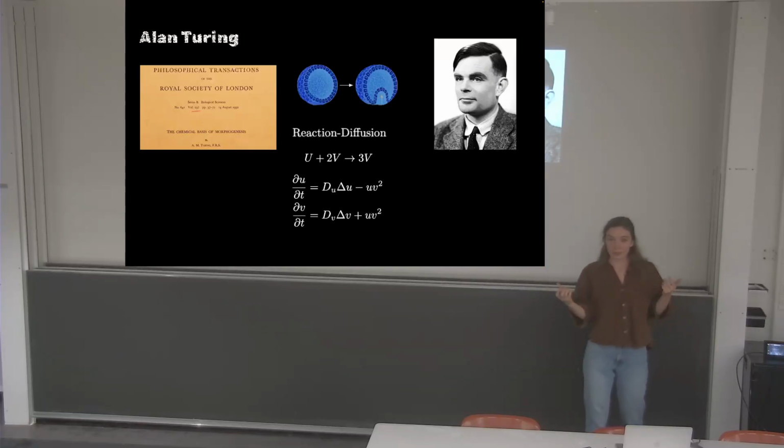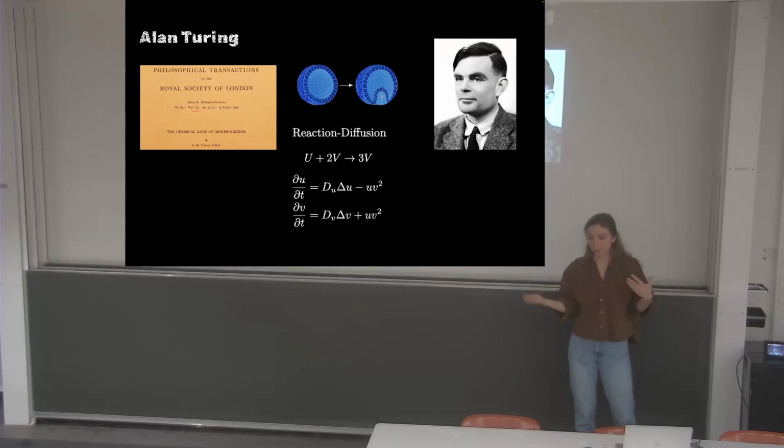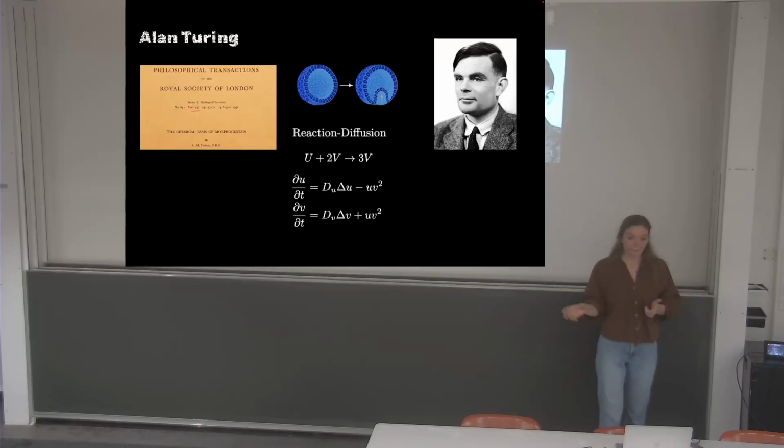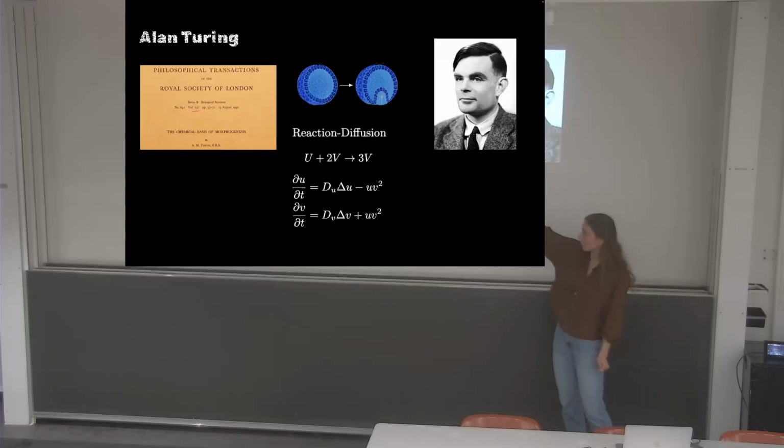And they react according to the two following laws. So the first law is diffusion, which is just that if the concentration of U is larger in cell 1 than in cell 2, then it's going to flow from cell 1 to cell 2. And the second one, the reaction part, comes from a particular reaction process, for instance, one described here.